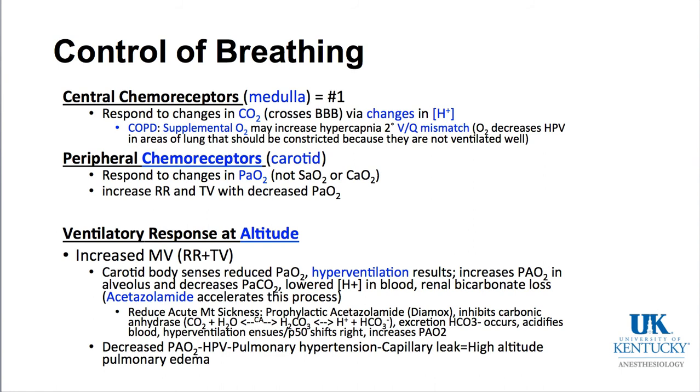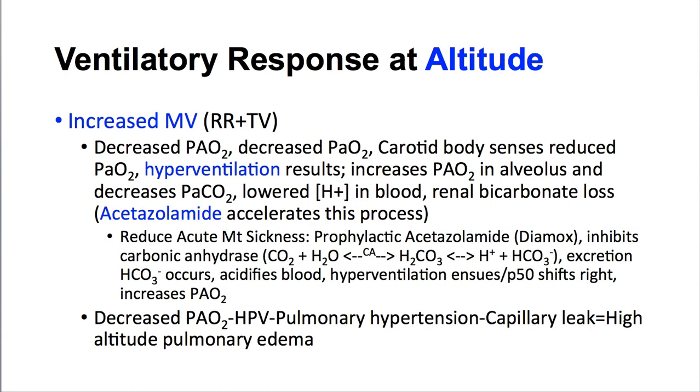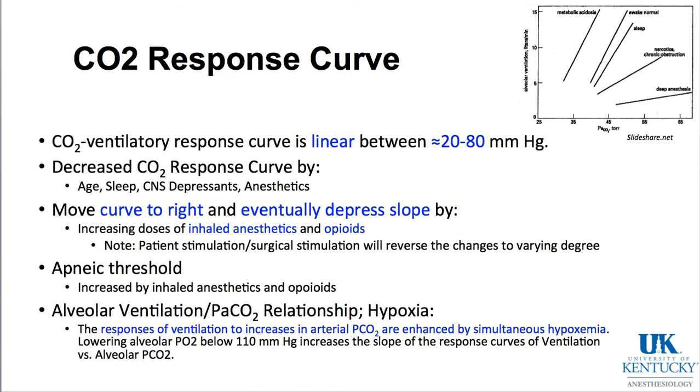Another thing that can occur at altitude is high altitude pulmonary edema from capillary leak. So at altitude, your minute ventilation goes up and your PAO2 goes down, and you can get pulmonary hypertension.